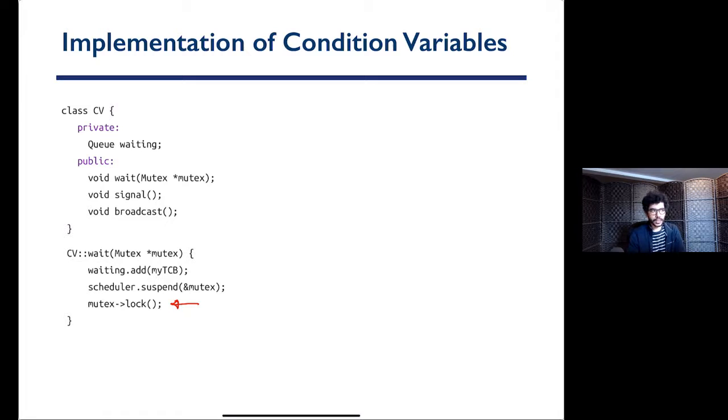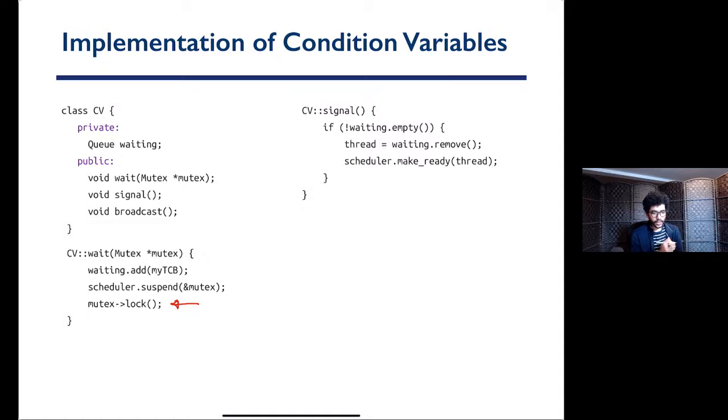So this is the implementation of that. Essentially the elements here are adding the thread to the waiting list, suspending it, and once we come back out of suspension, we're going to lock the mutex again.